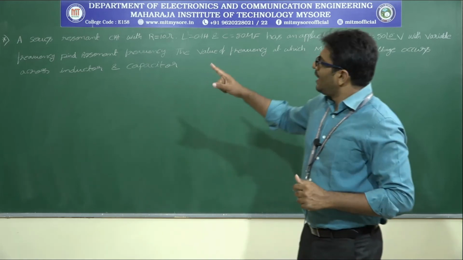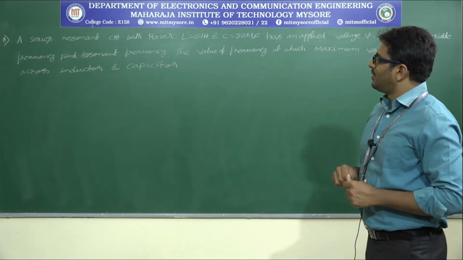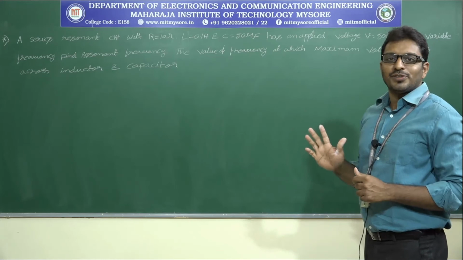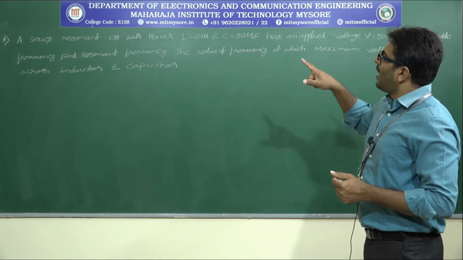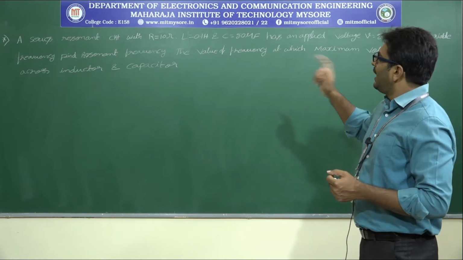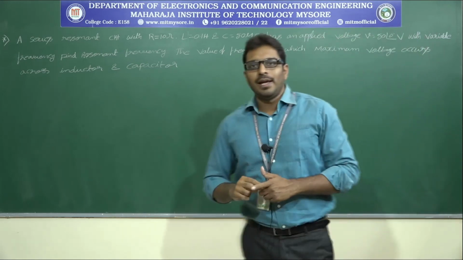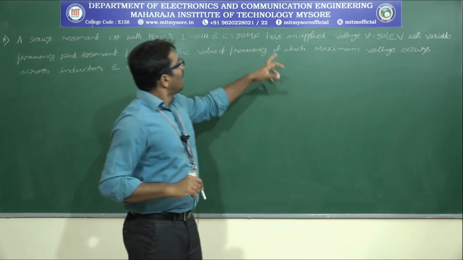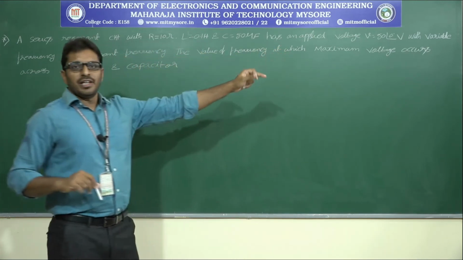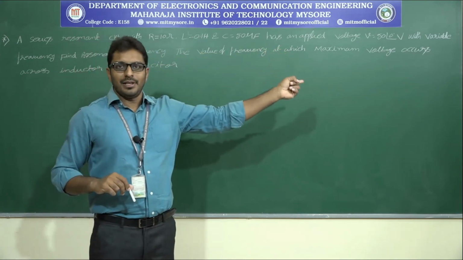See the question. A series resonant circuit, already it is mentioned, this is a resonant circuit with R is equal to 10 ohm, L is equal to 0.1 Henry and C is equal to 50 microfarad, has an applied voltage V is equal to 50 at an angle 0.